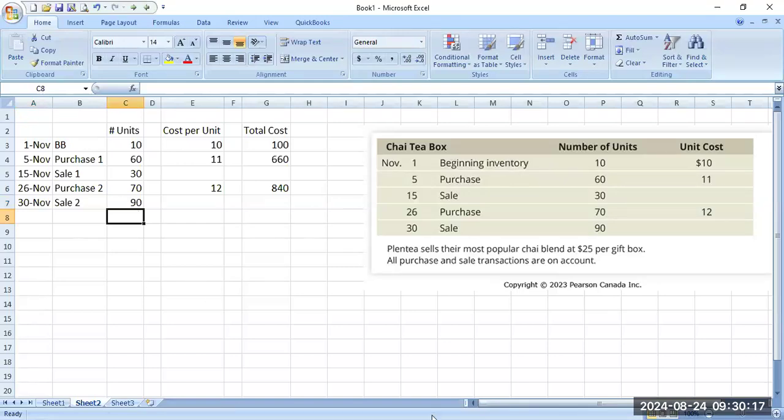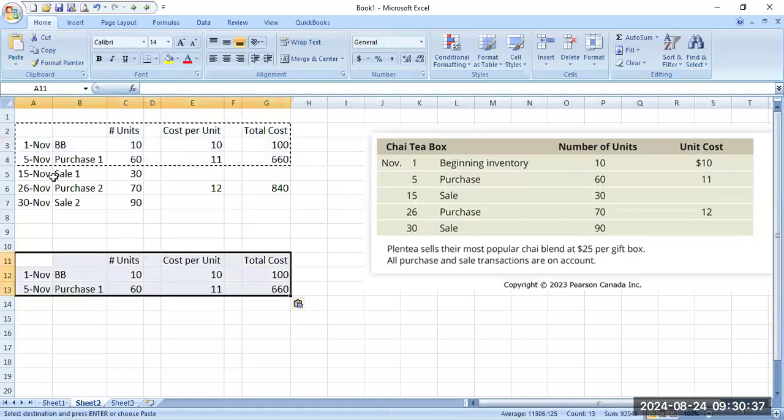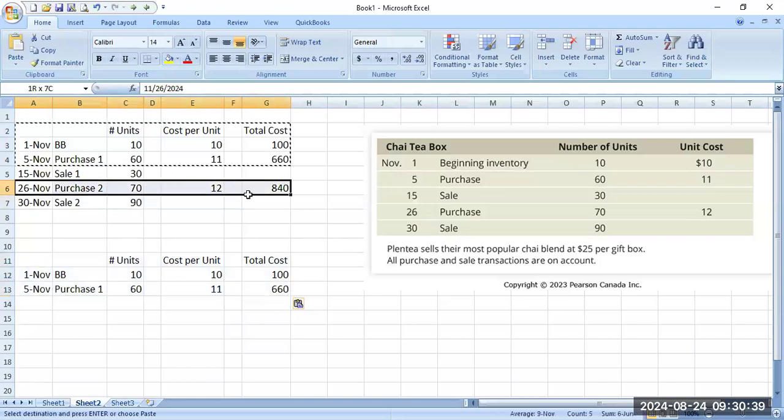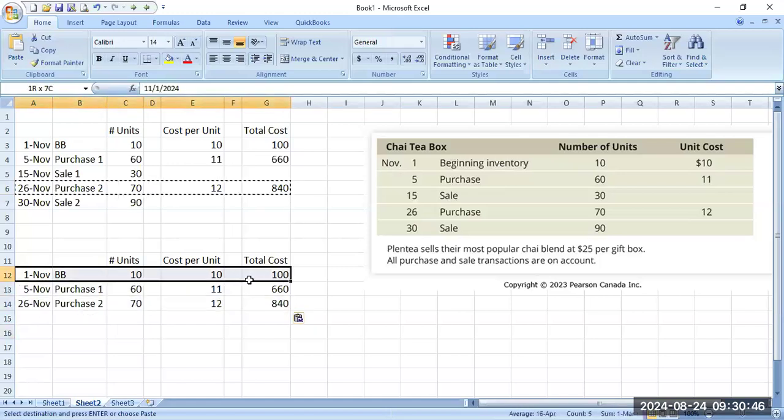So first things first, from the slides, I'm going to flip to the slides, and first we have to calculate under first in, first out. To make it easy, that's my beginning information. I can easily flip it here, and I'm going to get all my purchases. So my beginning inventory was 10 units, correct?